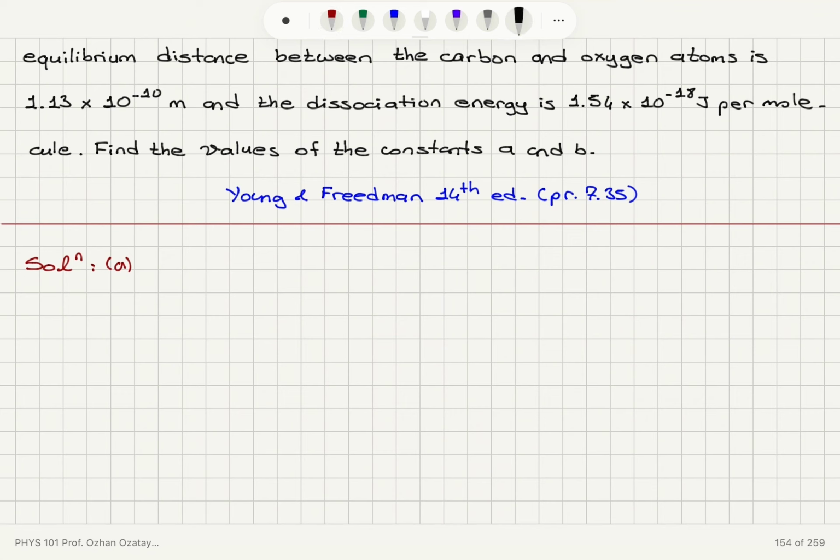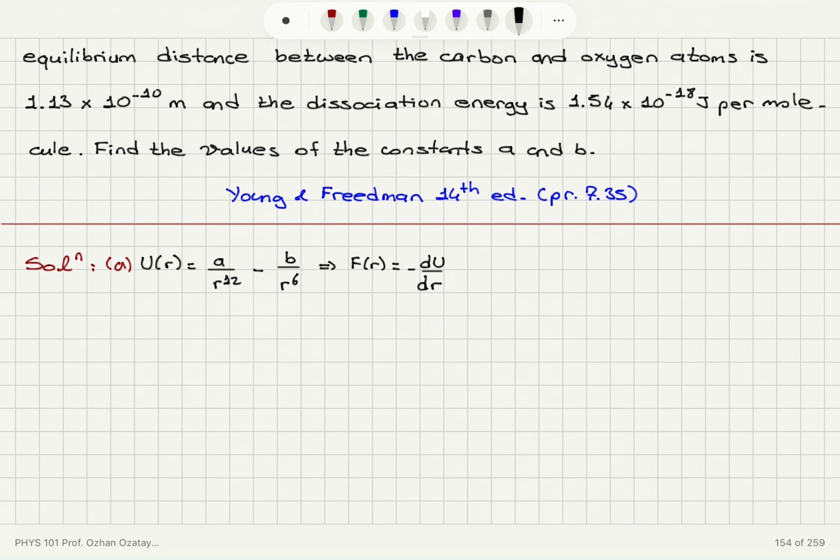We have a potential energy function U as a function of R given by constant A divided by R to the 12th minus constant B divided by R to the 6th. So the force that corresponds to this potential energy function will be equal to minus the derivative of the potential energy function with respect to its only variable R, the distance between the two atoms.